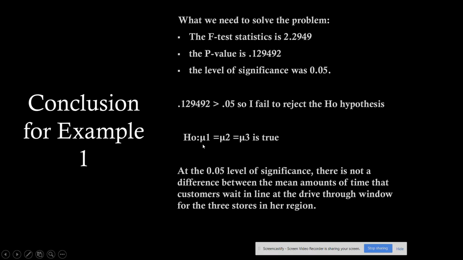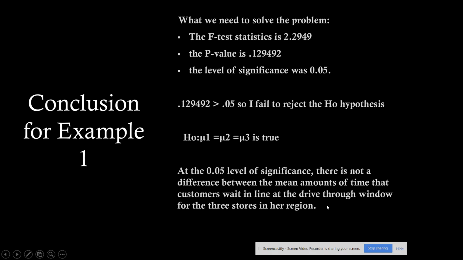So it means that the mean wait time for store 1 equals the mean wait time for store 2 equals the mean wait time for store 3. The correct way to conclude it is, at the 0.05 level of significance, there is not a difference between the mean amount of wait time for customers in the drive-thru.